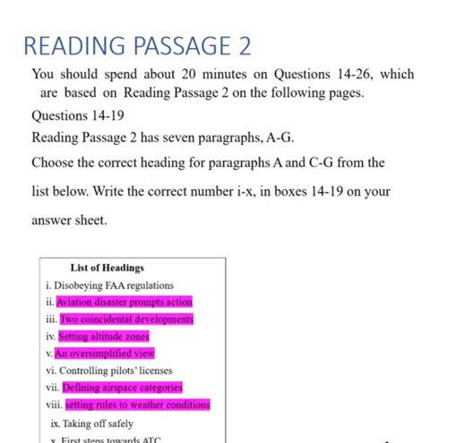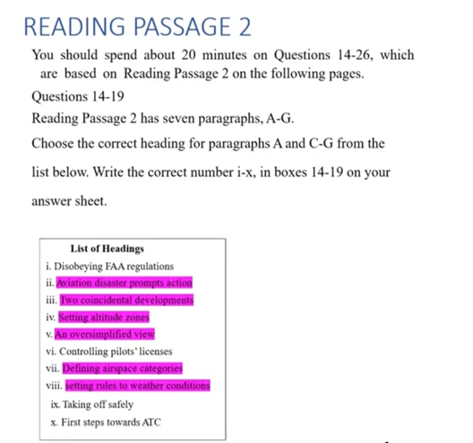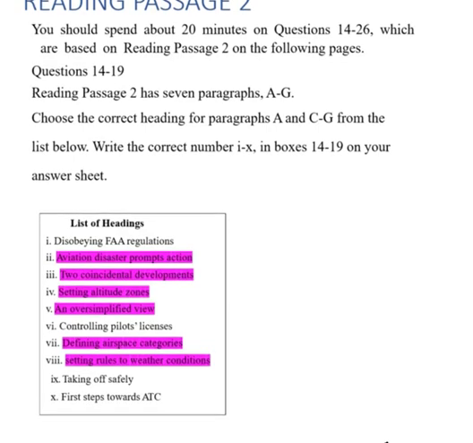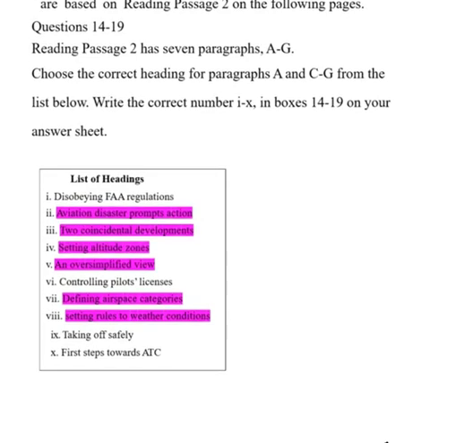Reading passage 2. You should spend about 20 minutes on questions 14 to 26, which are based on reading passage 2 on the following pages. This is the second passage of an academic training module.